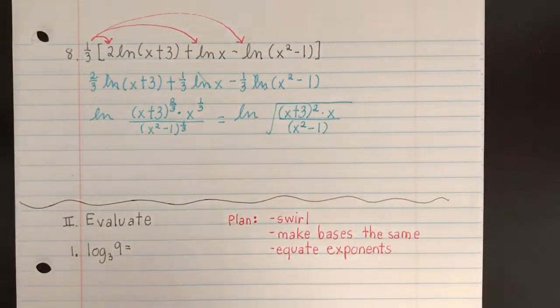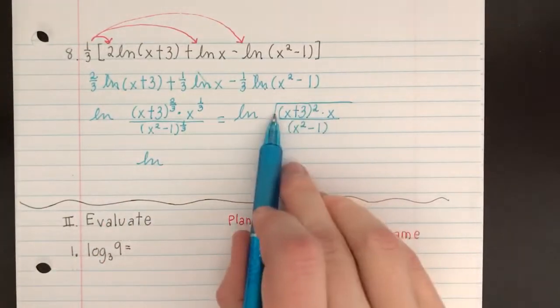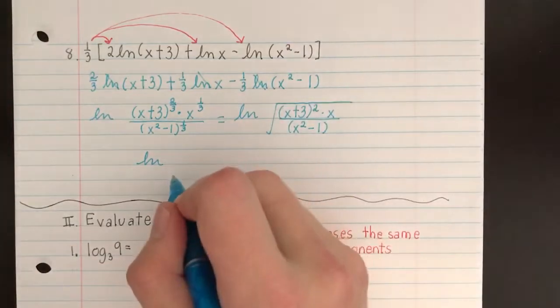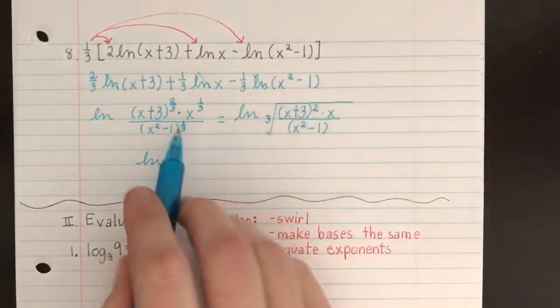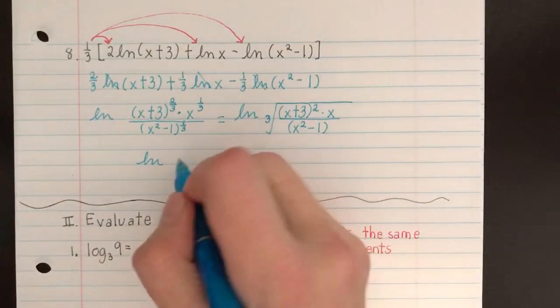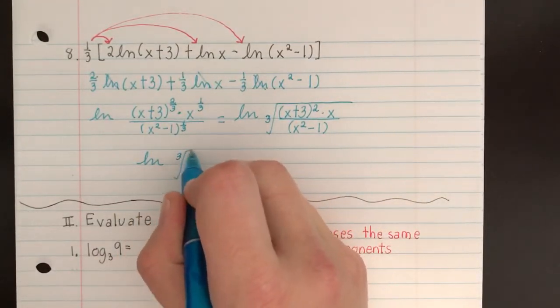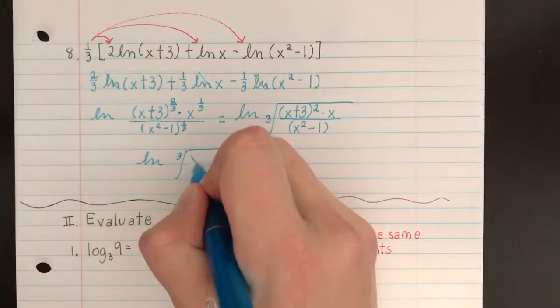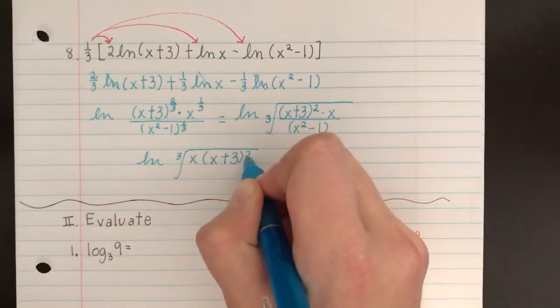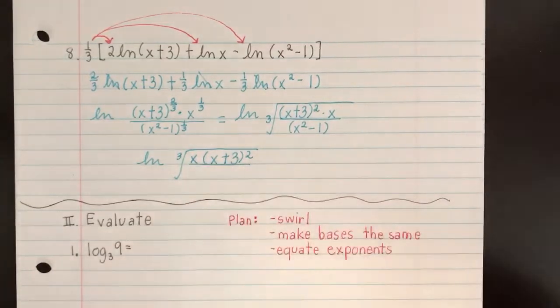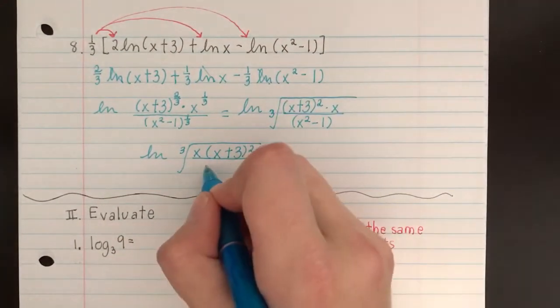And again, this last step that you probably want to do, I know I want to do, is bring this single x in front. Oh, that was supposed to be a cube root, wasn't it? Because the denominator was 3, so cube root. So cube root of, in front, x times the quantity x plus 3 squared over x squared minus 1.